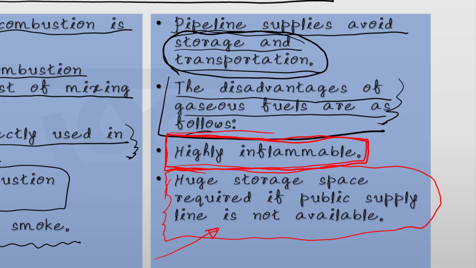If there is a pipeline and one meter only, like our electricity meter, then whatever we use will be recorded in the meter. Actually, the disadvantage is what? If a pipeline is not there, then it is a big disadvantage because gas takes more volume.